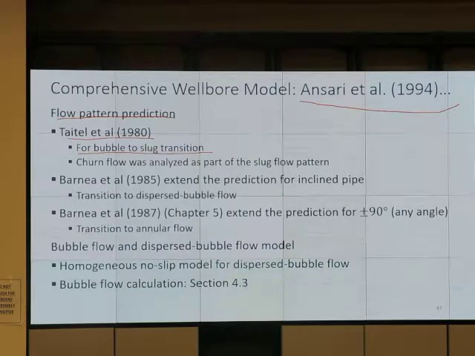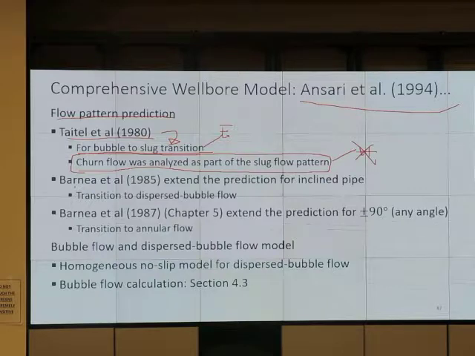Bubble to slug transition, we have churn flow analysis as part of the slug flow pattern. So if you have churn flow, the calculation is the same as slug flow calculation. So we use Taitel et al. for bubble to slug. This is transition E, right? And this is transition H, not quite really considered. They consider transition E.